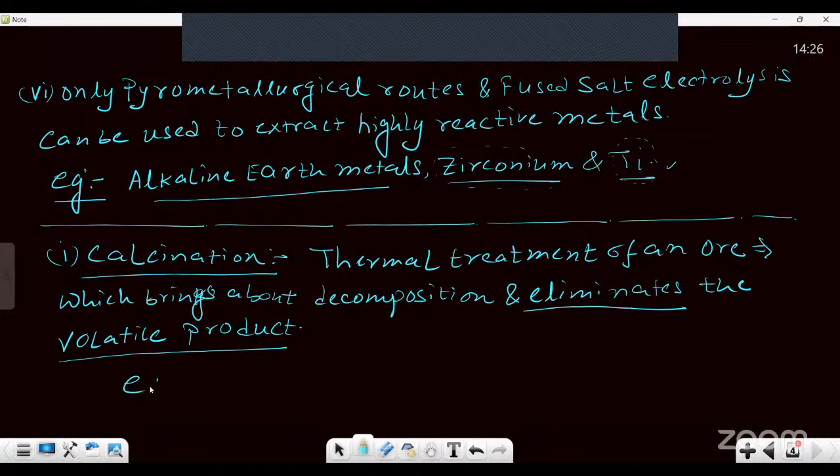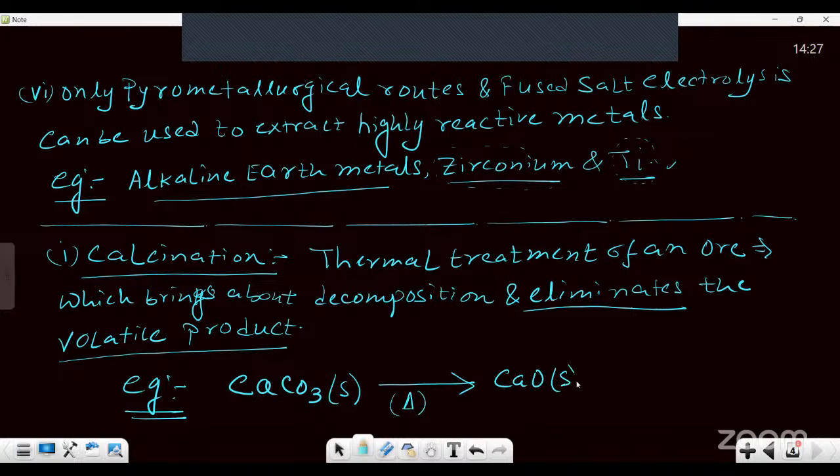Say, for example, one very important example which you all must remember whenever we talk about calcination is calcium carbonate, CaCO3. This is solid calcium carbonate. When we heat it, it gets converted to calcium oxide plus carbon dioxide. Now, just think, what is the volatile product here? The carbon dioxide is the gaseous product.